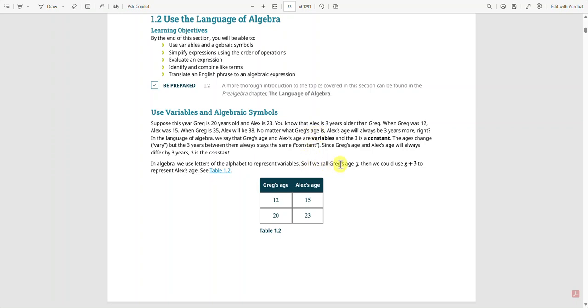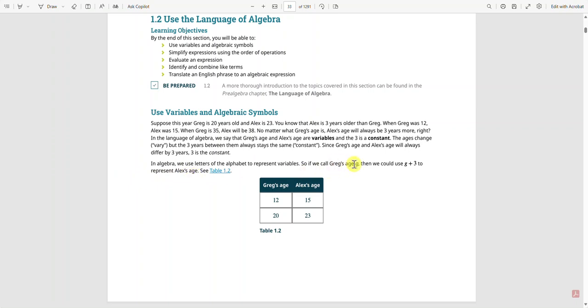So if we call Greg's age G, so G is a symbol that represents Greg's age, we could then use G plus 3 to represent Alex's age.